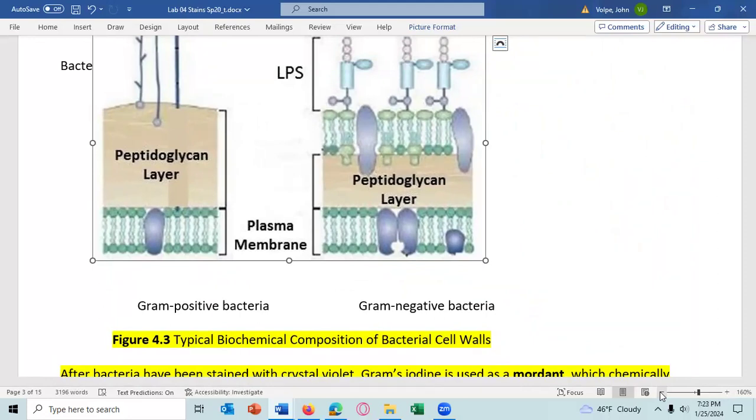So it's much more than 1. And the peptidoglycan layer of the gram-positive cell in the textbook is only shown as 3. And as I stated, it's mostly around 100 or more layers of peptidoglycan. Many layers of peptidoglycan.